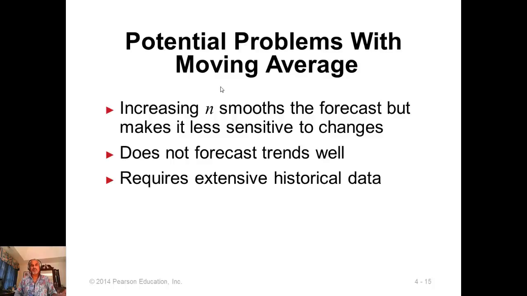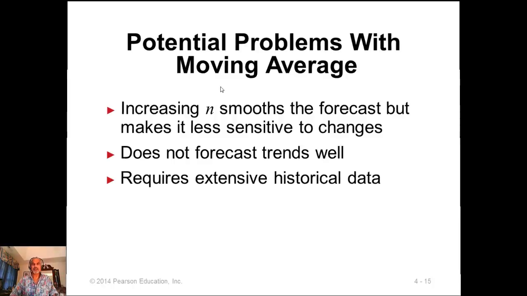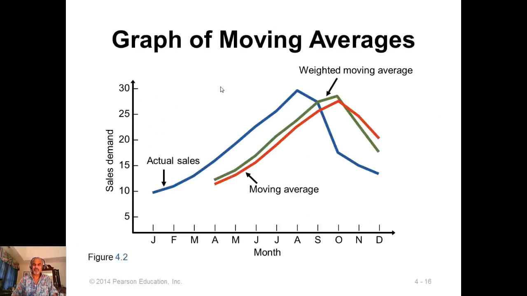And of course, moving average is only for random fluctuations. It does not do trend well, it does not do seasonality well, and it requires extensive historical data. So here are some graphs of moving averages, how moving average will act. So actual sales, there is always a delay in terms of moving average catching up with the actual sales.